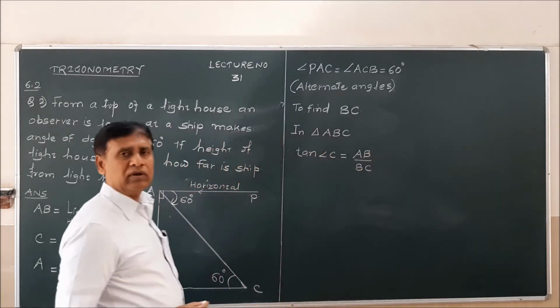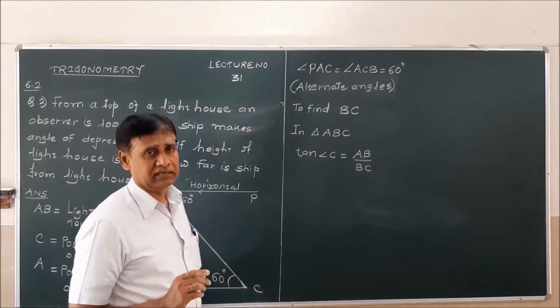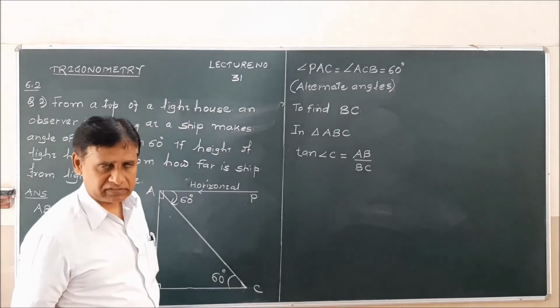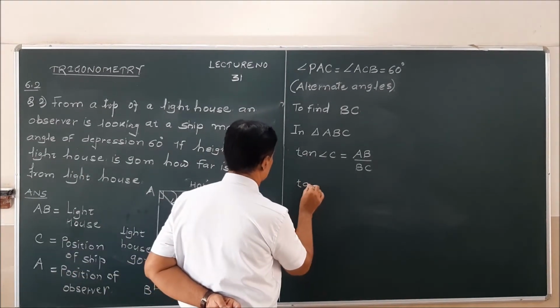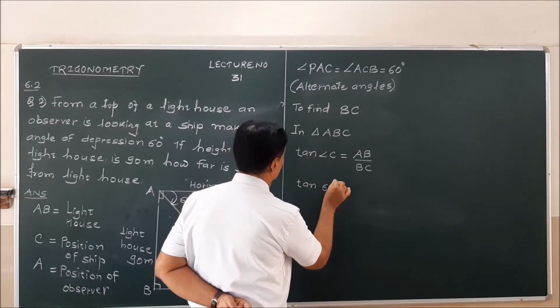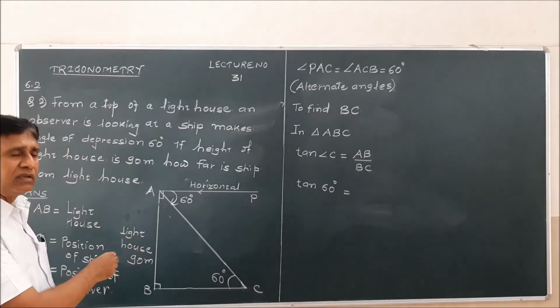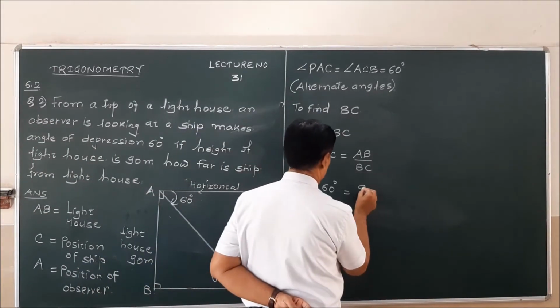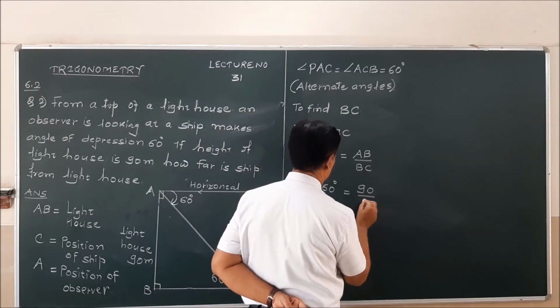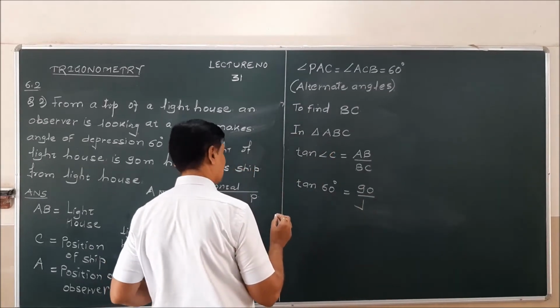Tan C is equal to AB upon BC. Now you will notice tan C, but value of C is what? 60. So tan 60 is equal to AB. Now what is the value of AB? AB is 90. So 90 upon BC.